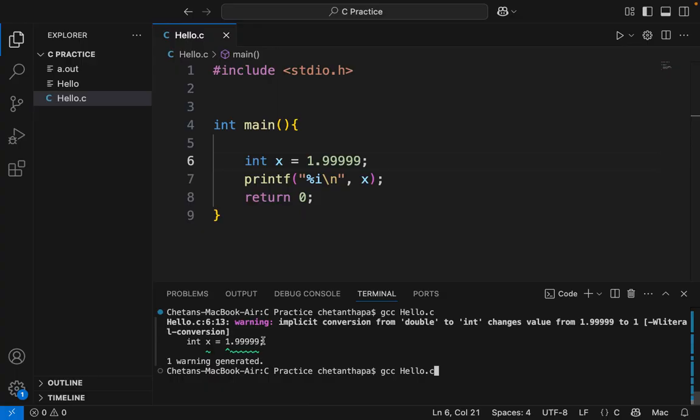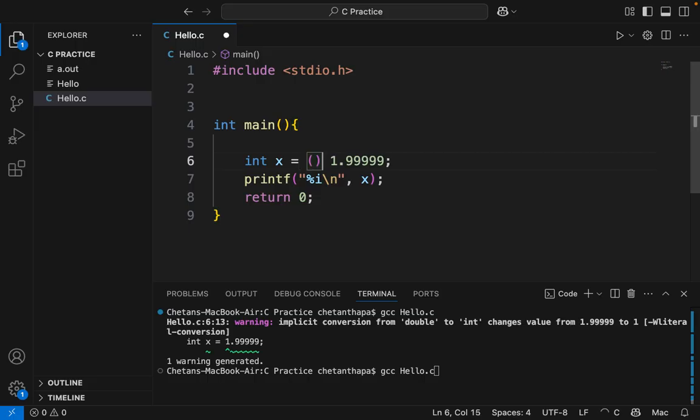This is because it is assigning to an integer, and the integer data type doesn't store a value after the decimal point. For this you need to typecast.